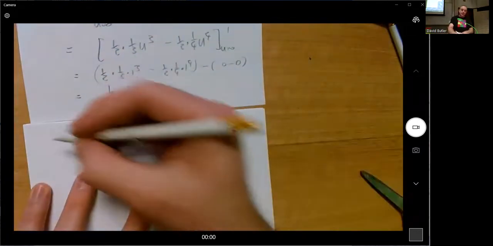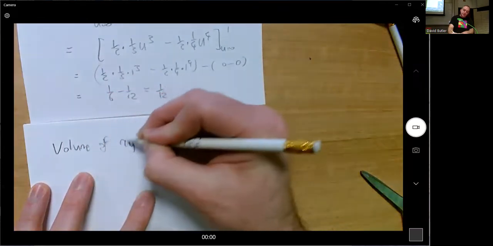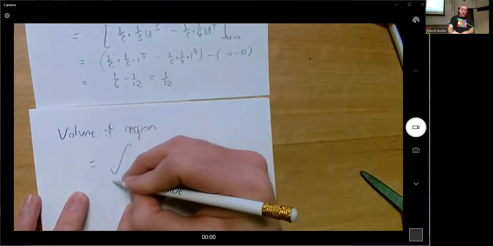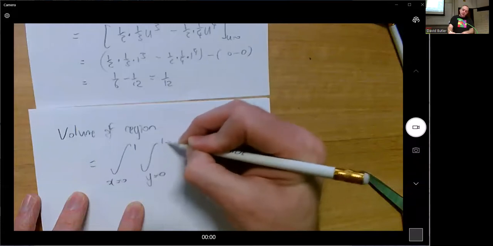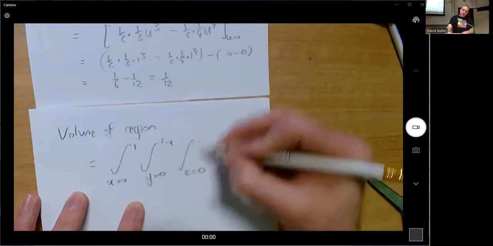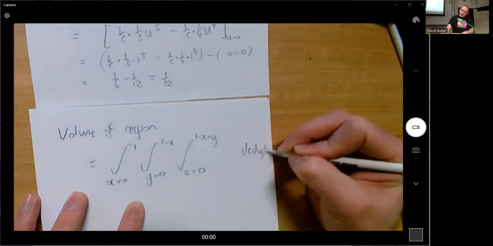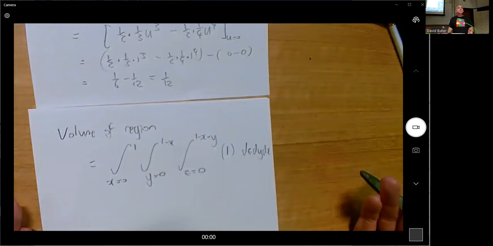So to find it, you need the volume of the region. I could do the integral x equals 0 to 1, integral y equals 0 to 1 minus x, the integral z equals 0 to 1 minus x minus y, dz, dy, dx of 1. That's how you do the volume of something.